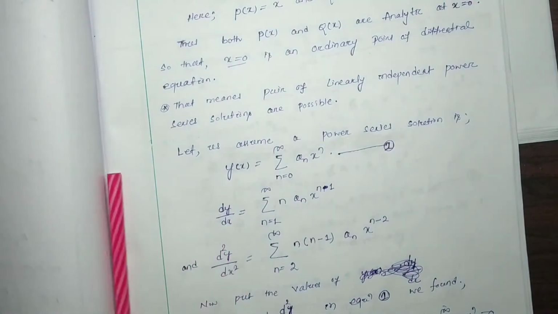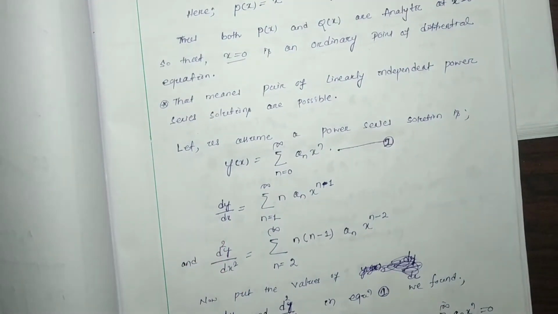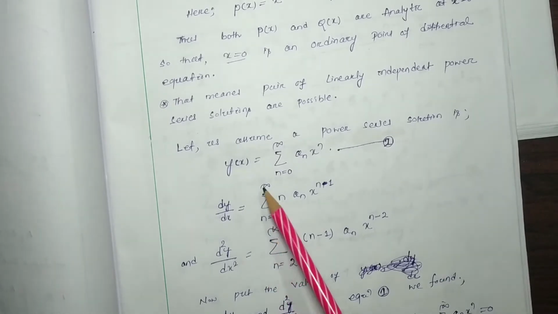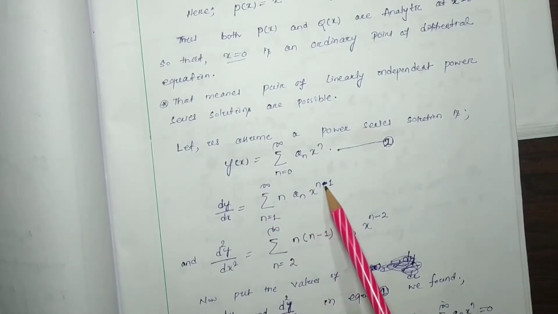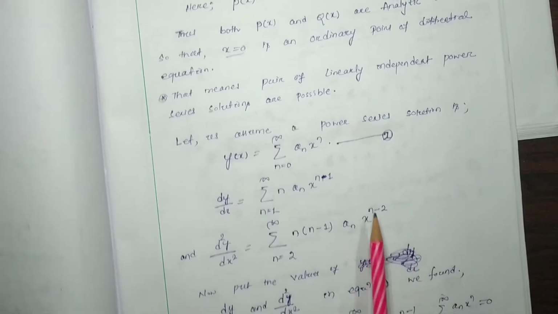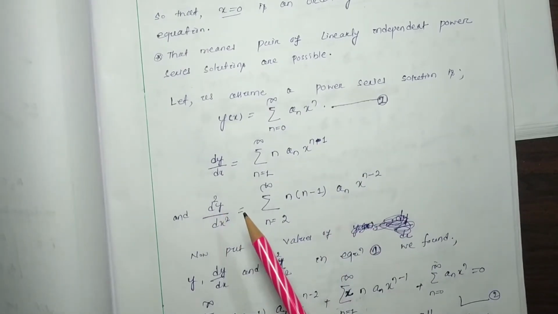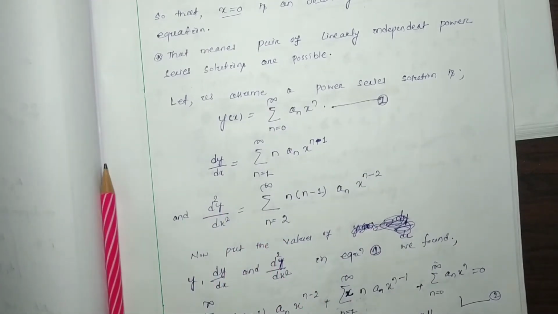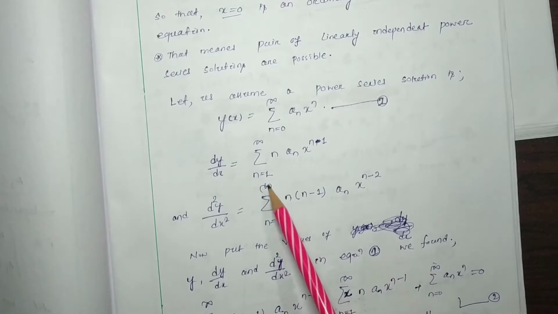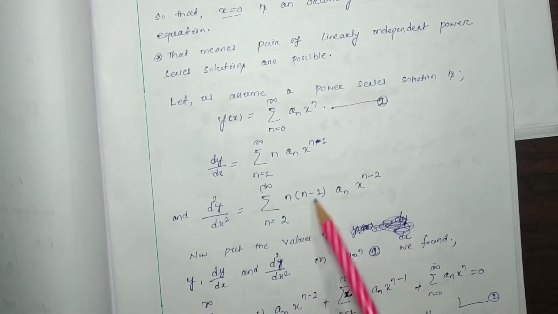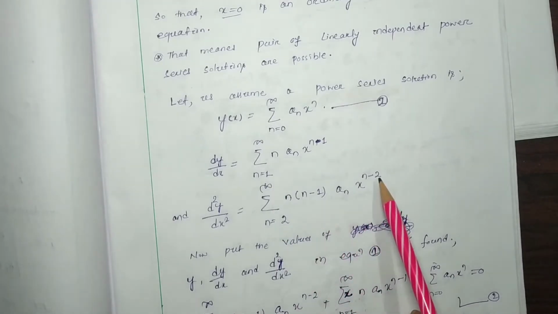Let this be equation number 2. Now dy by dx will be equal to the sum for n equal to 1 to infinity of n a_n x to the power n minus 1. Similarly d square y by dx square will be equal to the sum for n equal to 2 to infinity of n into n minus 1 a_n x to the power n minus 2.